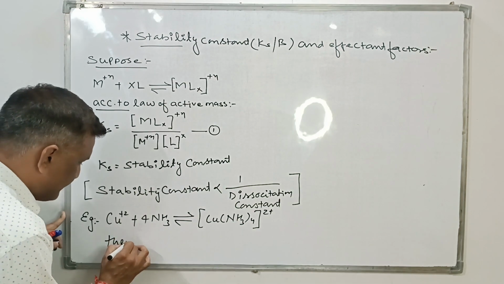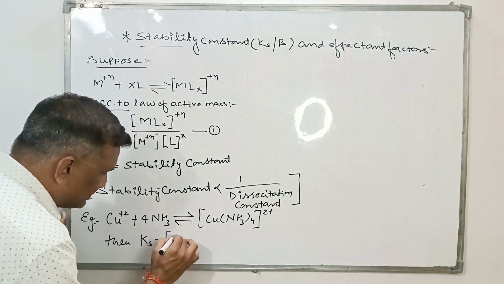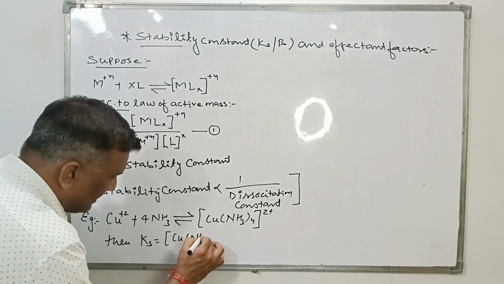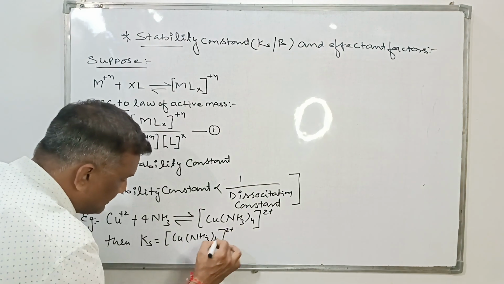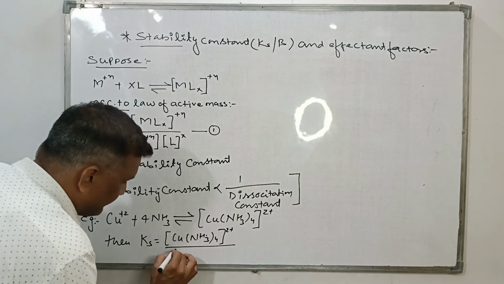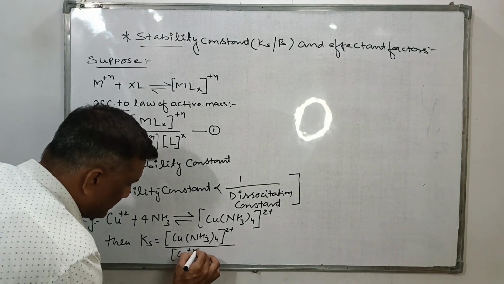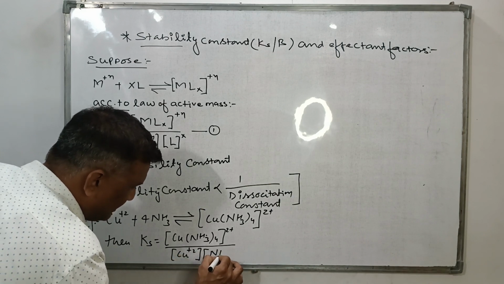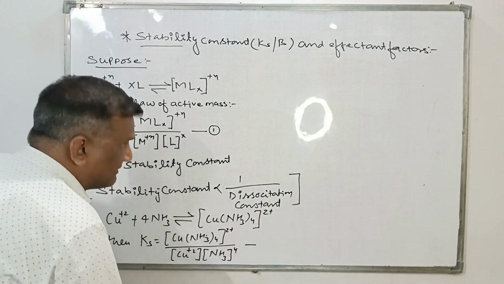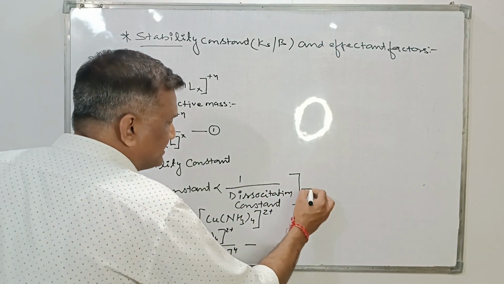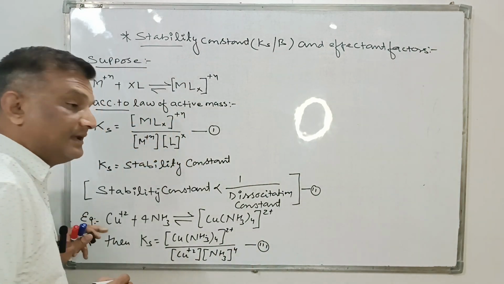Then Ks will be Cu(NH3)4 2 plus upon Cu plus 2 and NH3 whole power 4. This is equation number first, this is equation second, and this is equation third.